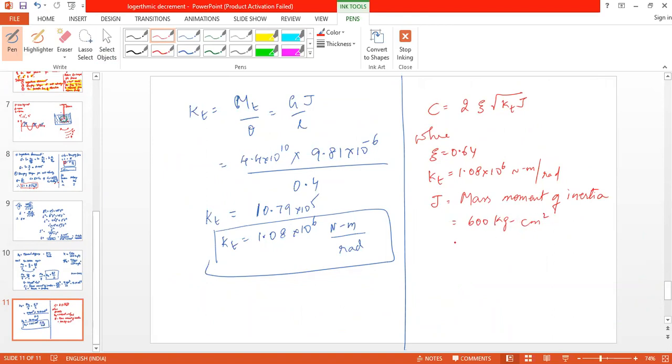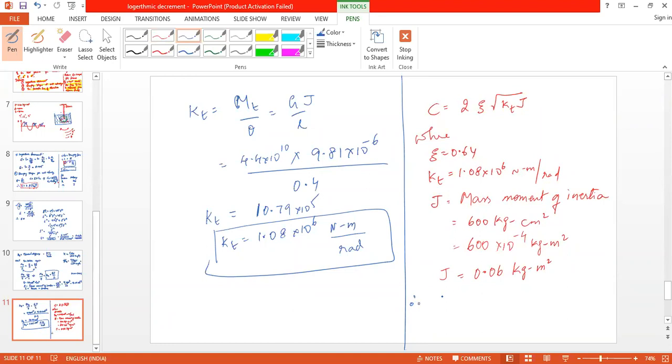So I need to convert this centimeter square into meter square. 600 into 10 raised to minus 4 kg meter square, therefore I can write it as 0.06 kg meter square.